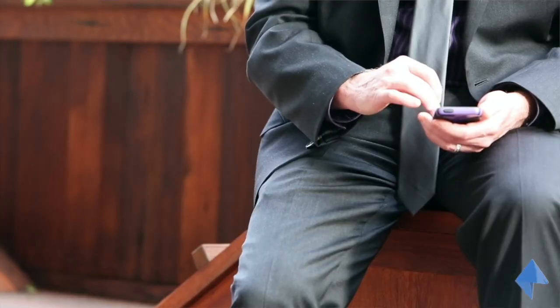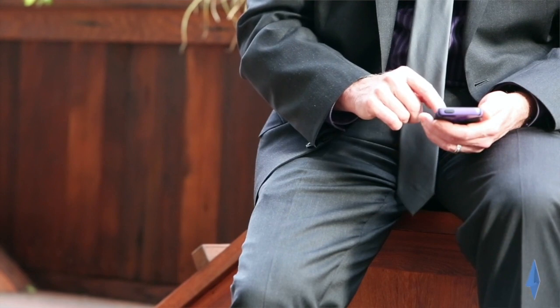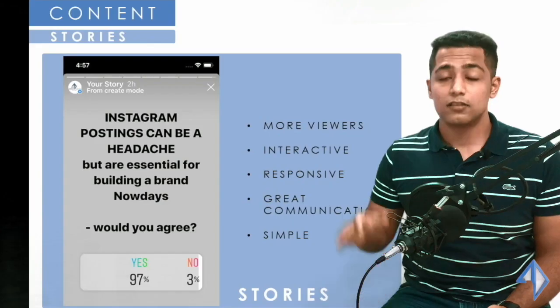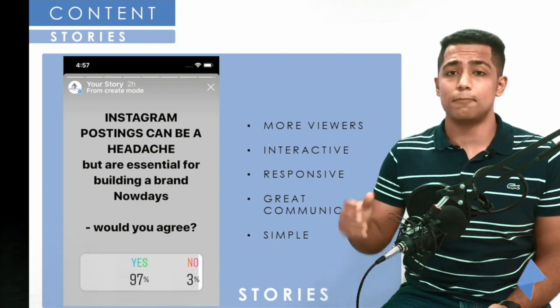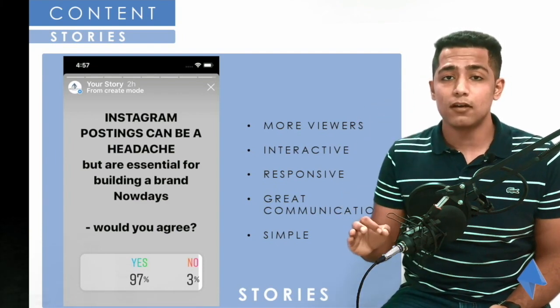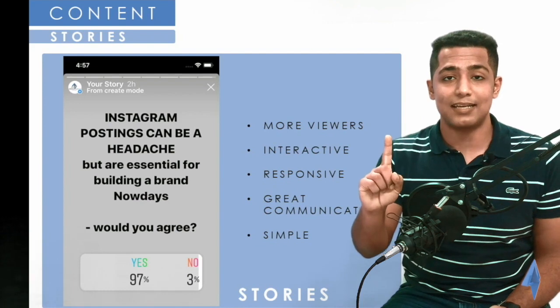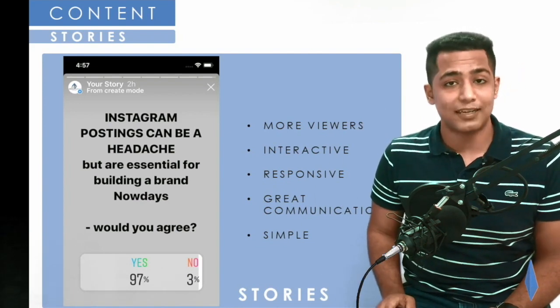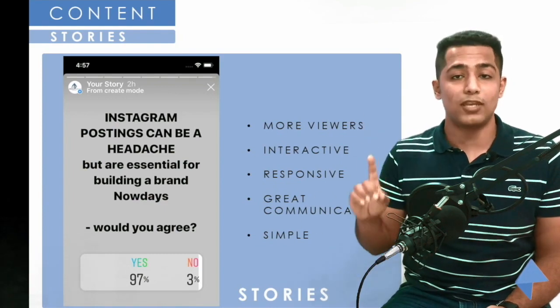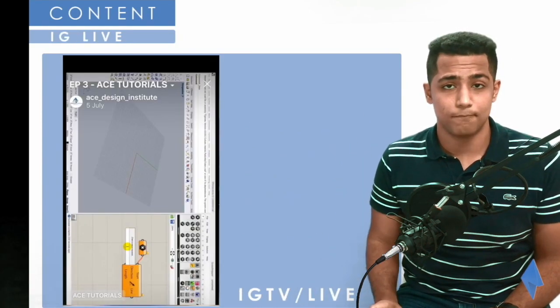There is great communication between you and your audience, and you have to understand how to keep it simple. The simpler the post, whether it's video, story, or an image post, the better, the more understandable, the better. So these are the 5 points I really believe should be taken into consideration when you're trying to make your stories.